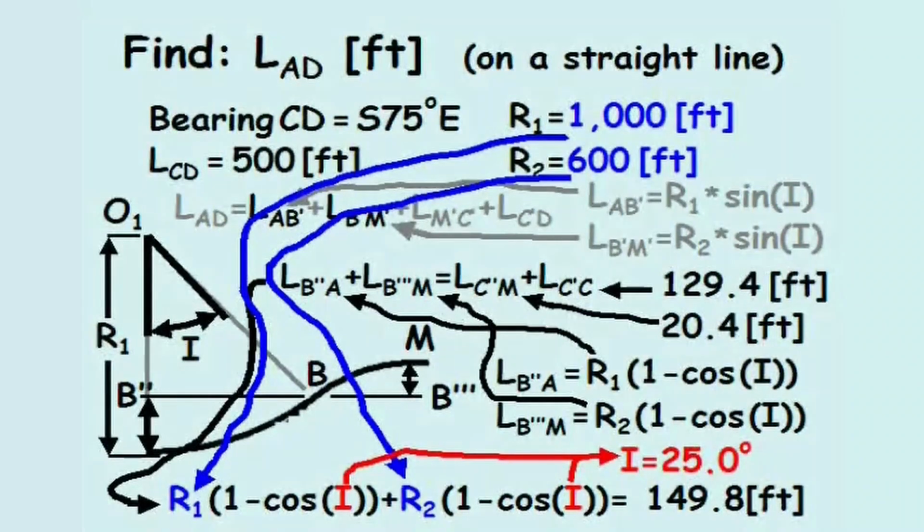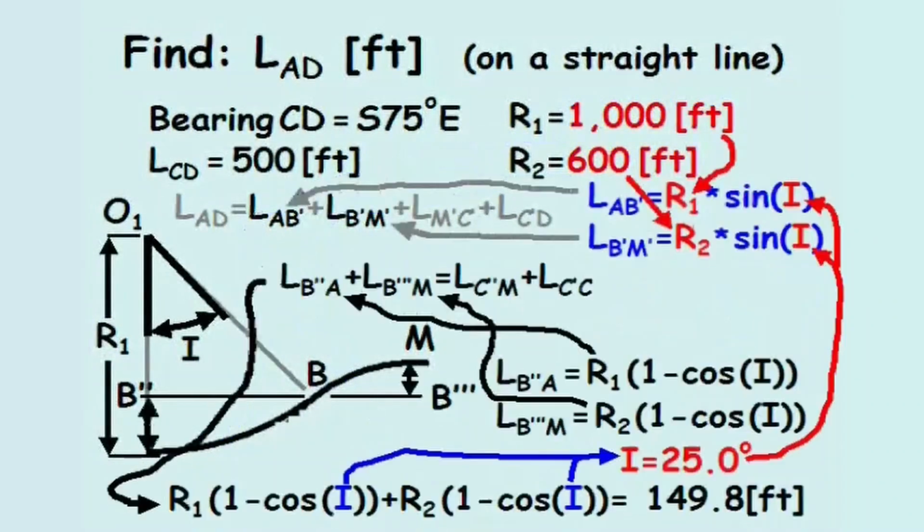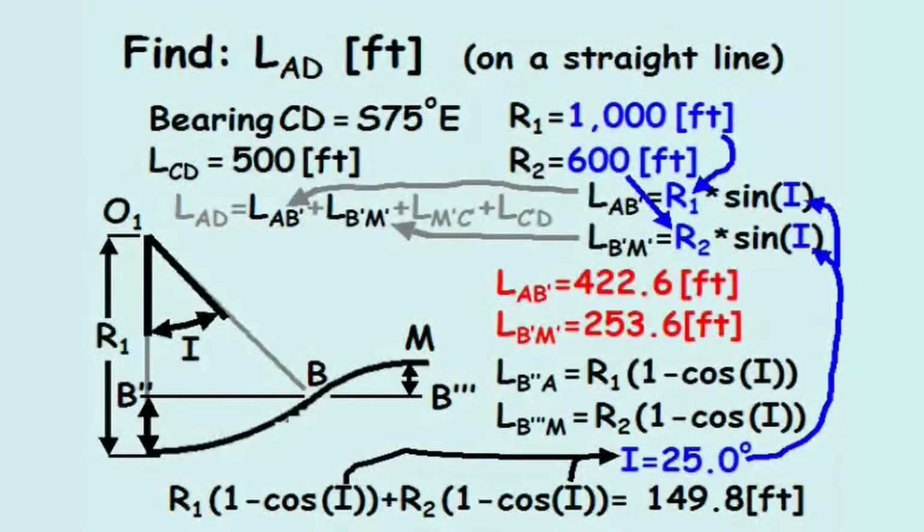25.0 degrees. Plugging this value in for I, as well as the radii, the lengths of segments AB' and B'M' equal 422.6 feet and 253.6 feet, respectively.